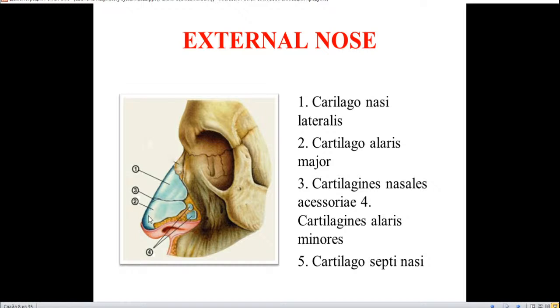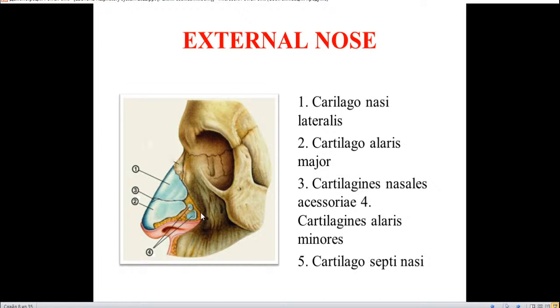So enlarging of this volume during life will cause that in more adult and old people the nose is somewhat bigger than in younger persons. So in general, the nose has radix, dorsum, apex, ala, and base of the nose.